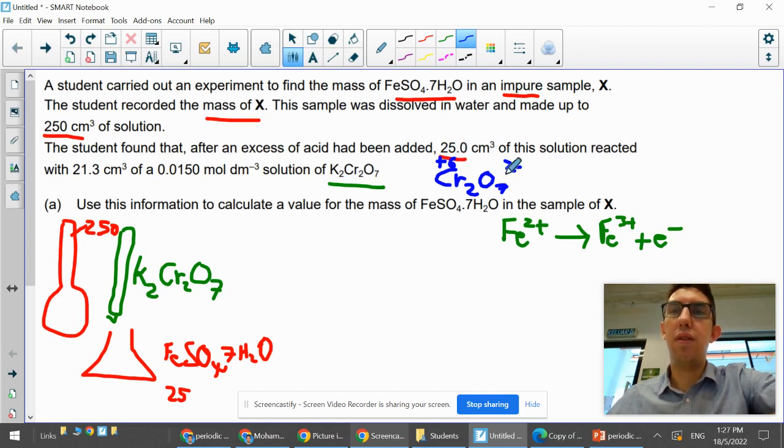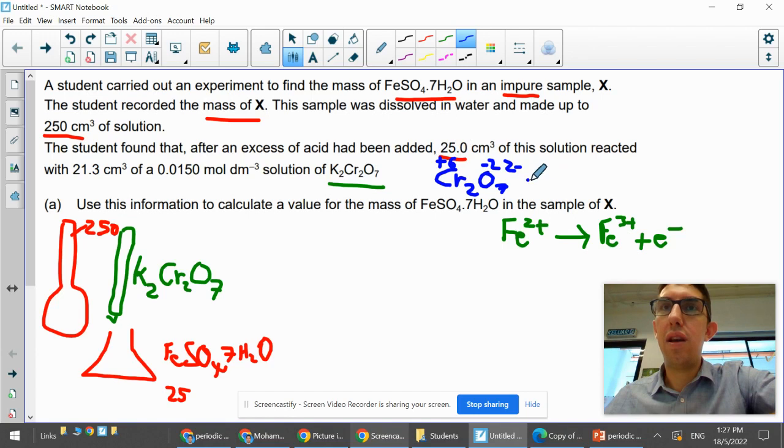Let's just check that out. Oxygen is -2. There's 7 of those, so that's -14, but the charge is -2, so that takes off 2, so the chromium total is +12. Therefore, each chromium is +6.